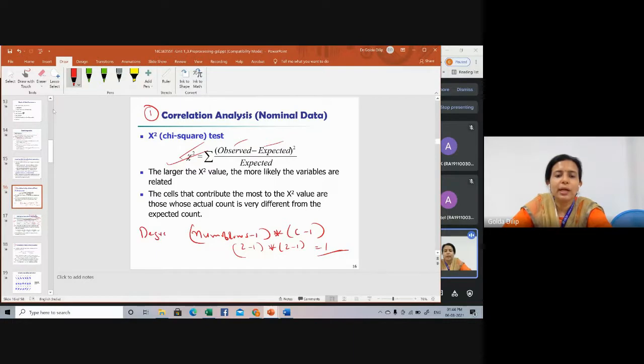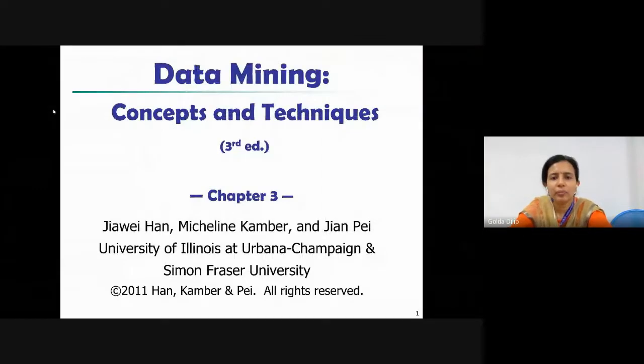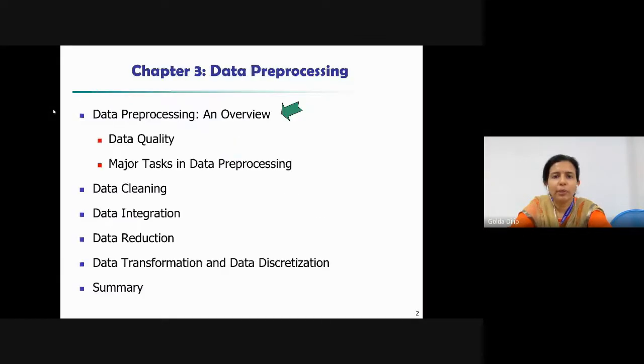Don't worry about this calculation. I'm just explaining it for completeness. You need to understand that it is a technique for detecting redundancy. So the degree of freedom turns out to be 1.